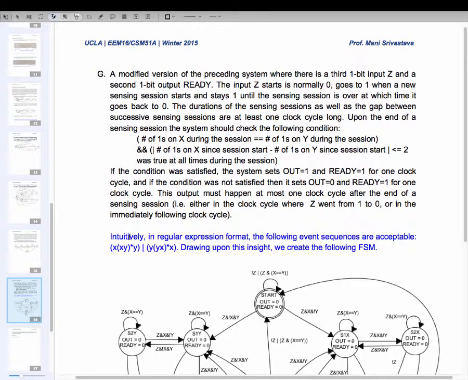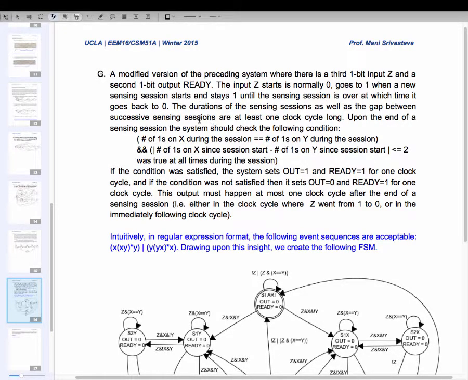The next problem became more complicated. Part of the complexity is that I introduced this notion of a session. There is an input called Z, which tells the system to start sensing, and then at some stage it says stop sensing by going down. When the session has ended, I want to set the output to either 1 or 0, depending upon whether the conditions were met.